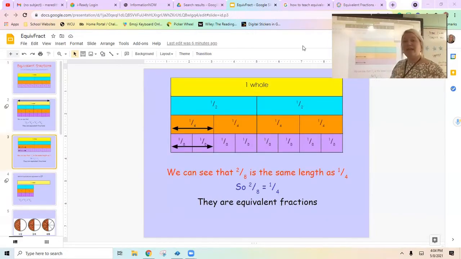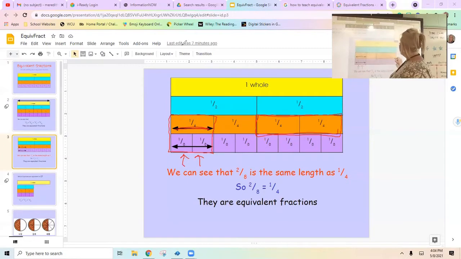Now, when I'm looking at this bar model, I can see that 1/4 right here is the same as 2/8. It takes 2 of those 8 pieces to equal 1/4. Okay, now if I come over here, this is 2/4.